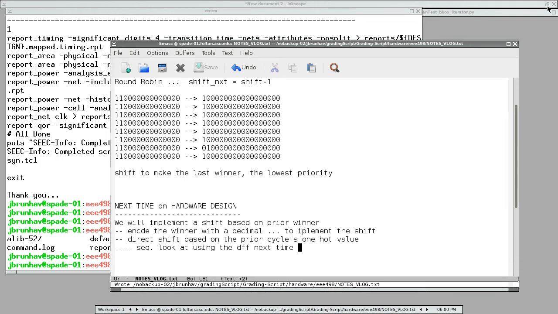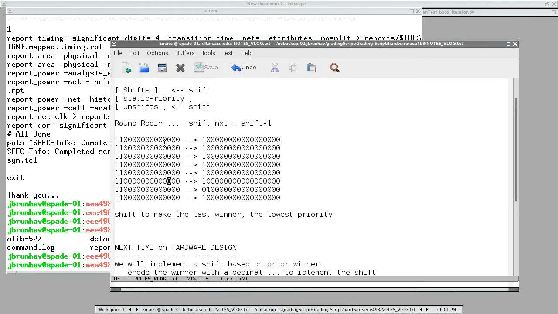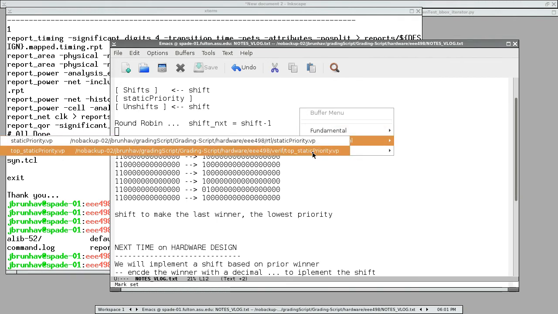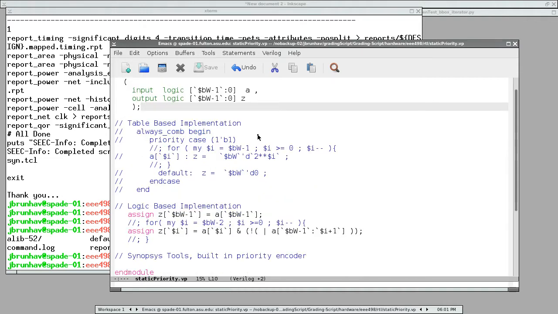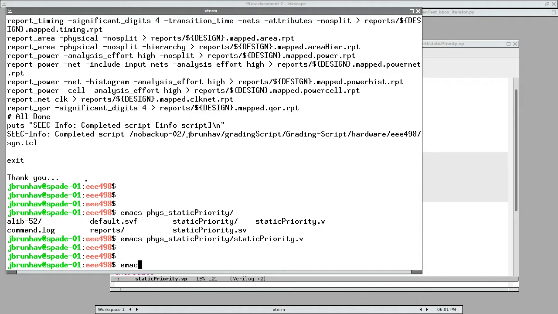Let's see. So last time, what we were working on was building a priority encoder, something that could convert strings of ones and zeros into one-hot signals, and what that code looked like. So we have this static priority unit.